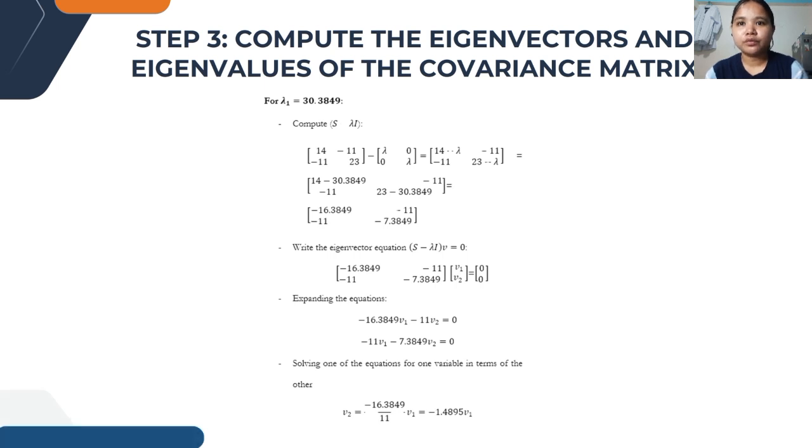So now we solve one of the equations for one variable in terms of the other. So we have v sub 2 equal to negative 16.3849 over 11 v sub 1, which is equal to negative 1.4895 v sub 1.